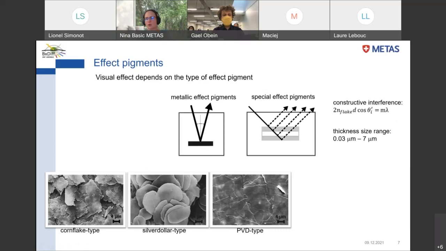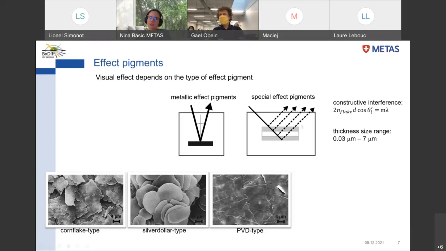And it's slightly more complex, but then in the end, you also have, let's say, more appealing effects coming out. Because, for example, if you have this metallic pigment, the only thing that you can change basically is just the lightness that's coming your way.